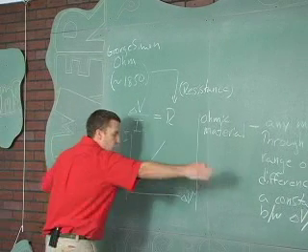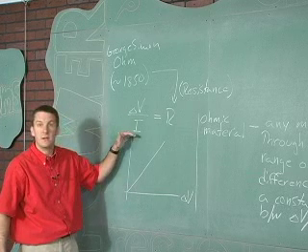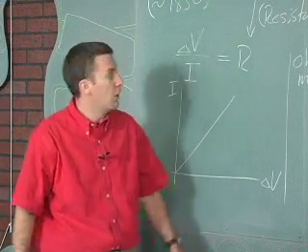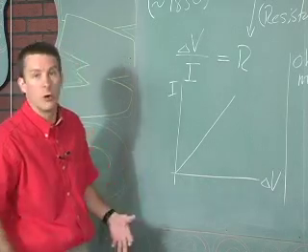So through a large range of potential differences, if this ratio remains constant, then we define the material as being ohmic. We're going to focus on only ohmic materials in this course.